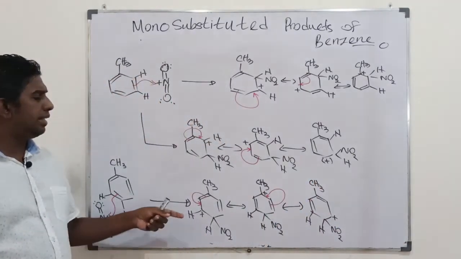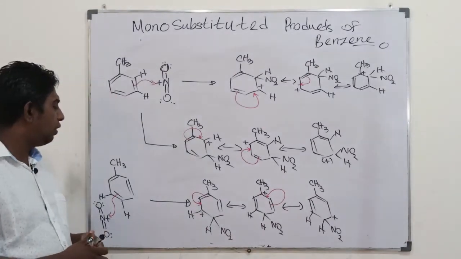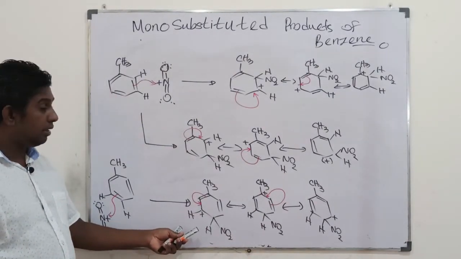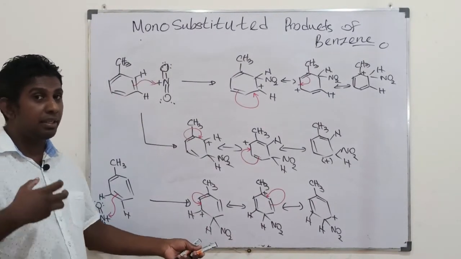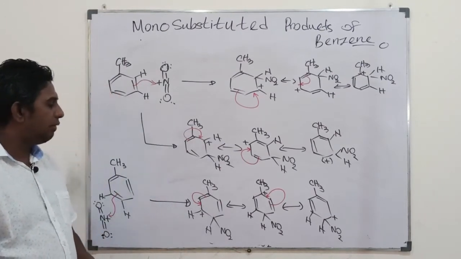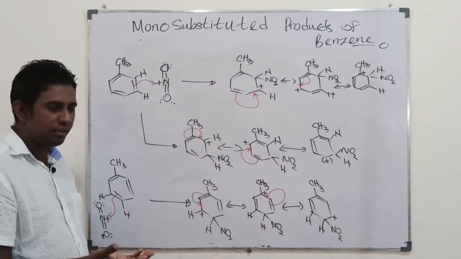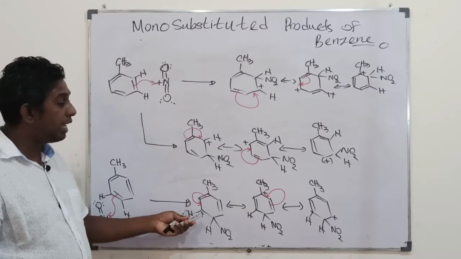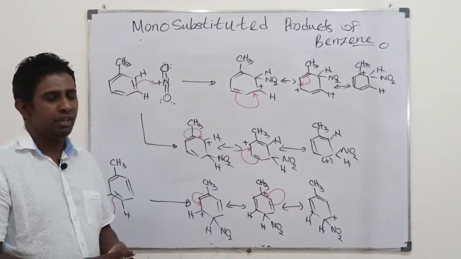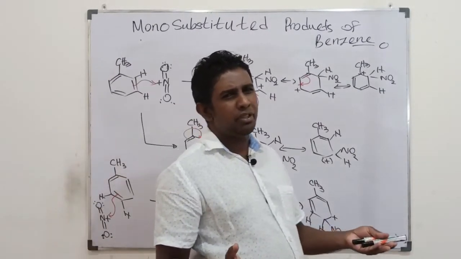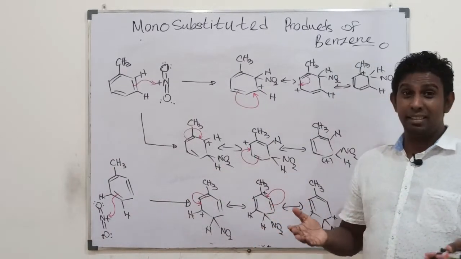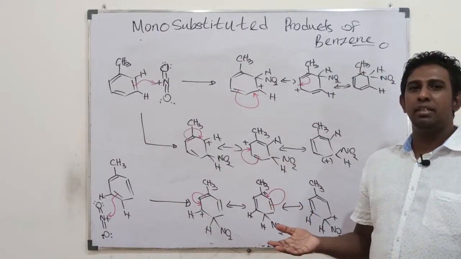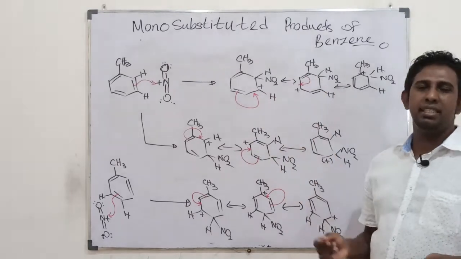These are the 3 resonance structures for the para attack intermediate. When it follows para substitution, the intermediate exhibits this kind of resonation. So it seems nothing is different in each resonation.